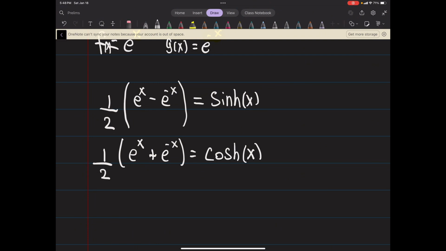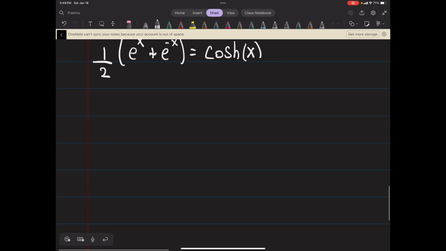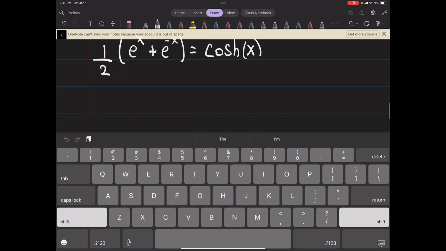And these are surely a linear combination, right? We're adding and subtracting them, and then we're just multiplying them by the same factor of 1/2. And those are definitely orthogonal on that interval. You could work it out like this.